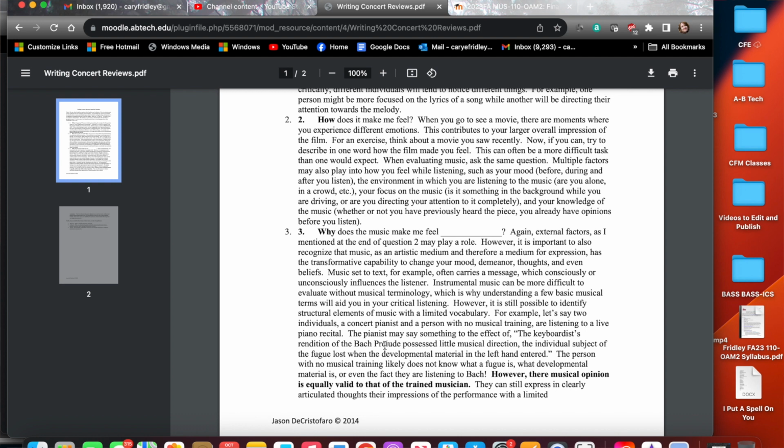For example, let's say two individuals, a concert pianist and a person with no musical training, are listening to a live piano recital. The pianist may say something to the effect of, "The keyboardist's rendition of the Bach prelude possessed little musical direction. The individual subject of the fugue lost when the developmental material in the left hand entered."